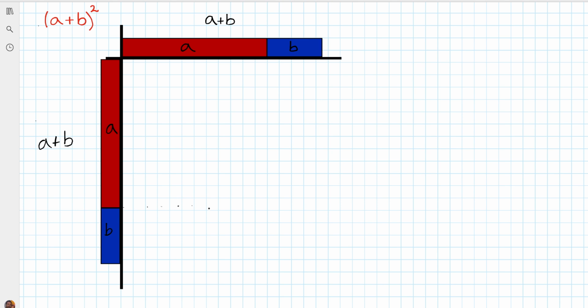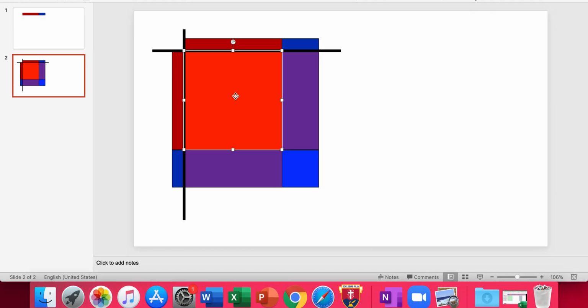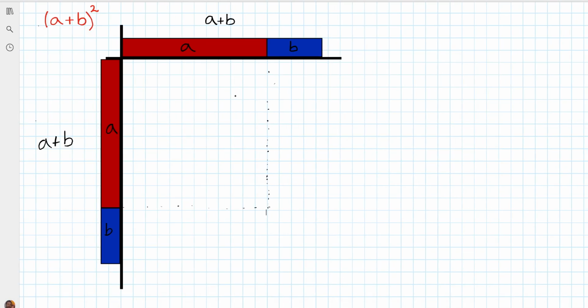That's why I have it done in PowerPoint, because if I tried to do it here, it wasn't going to work. This one is going to be a square of A times A, and that's going to be A squared.